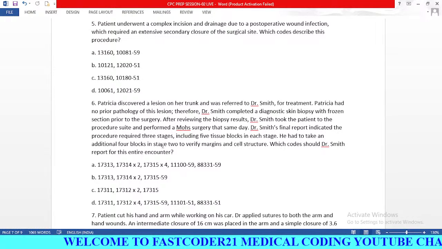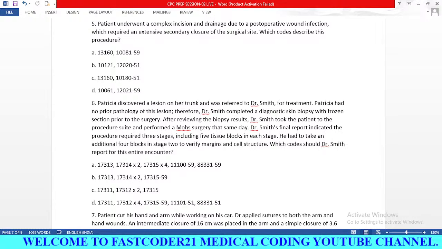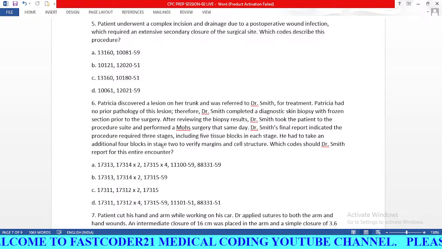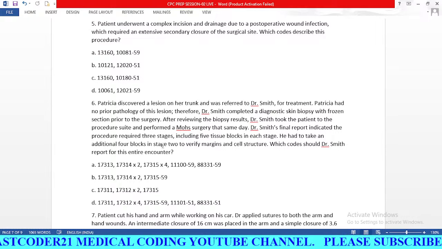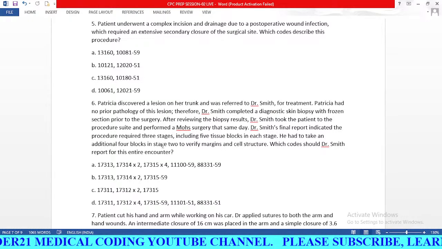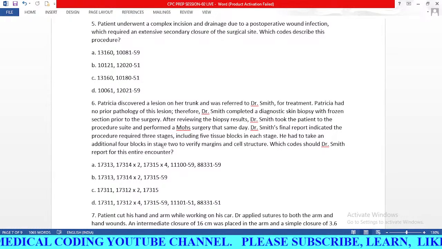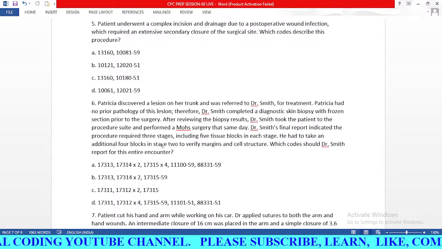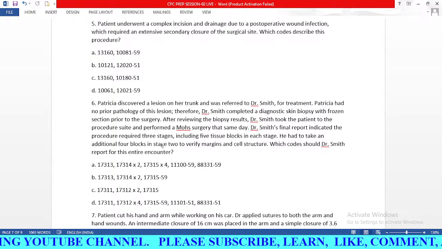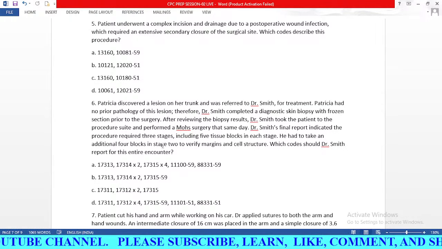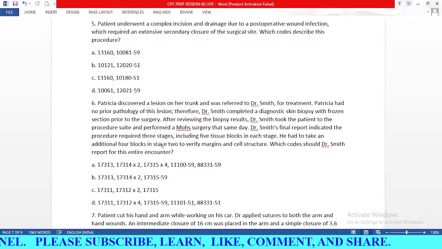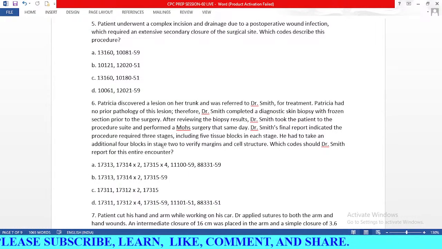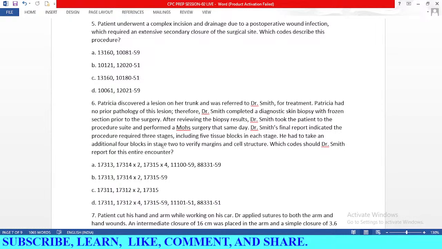So we will wait for 1 more minute and then we can discuss the answer. So here it is a post-operative wound infection, I and D, post-operative wound infection, which required an extensive secondary closure of the surgical site.